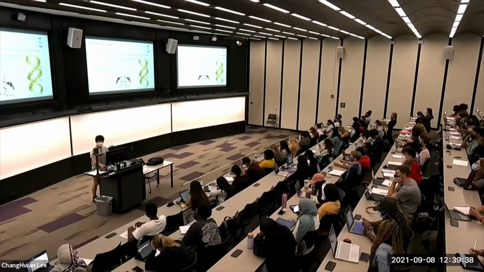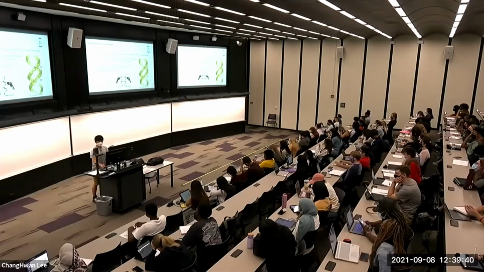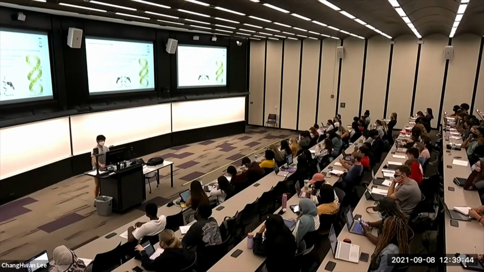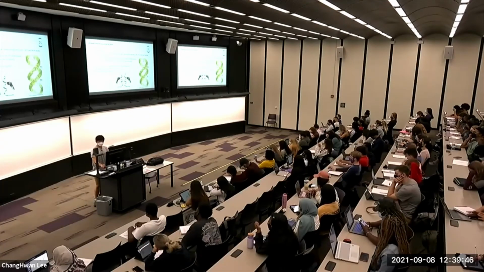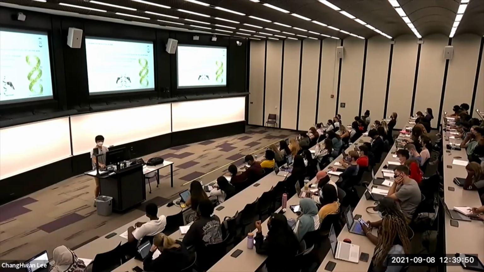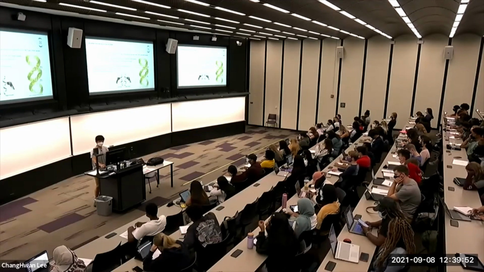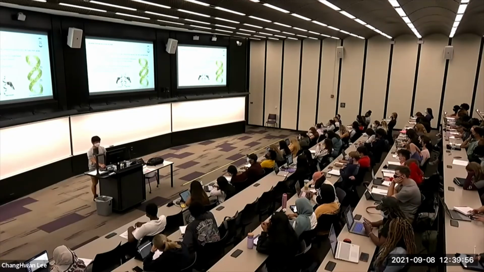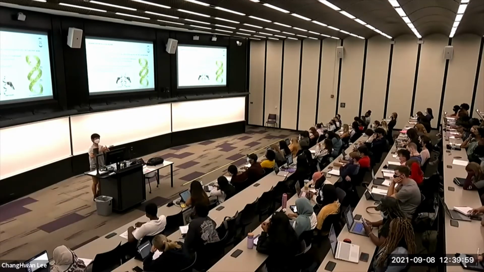So the direction is opposite when you look at them. That's called antiparallel. And the nitrogenous bases are inside, as opposed to the sugar phosphate backbones, which are outside. The reason the nitrogenous bases are inside is because they have to make the hydrogen bonds.